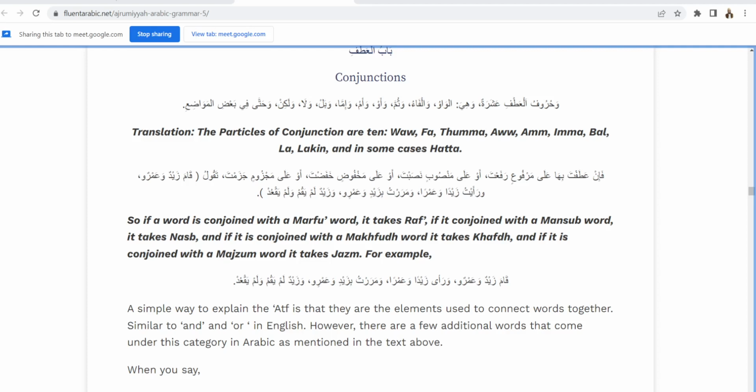We say al-'atfi. But usually when we read outside the Quran, we do not care about qalqala. Continue. Babul Atfi.